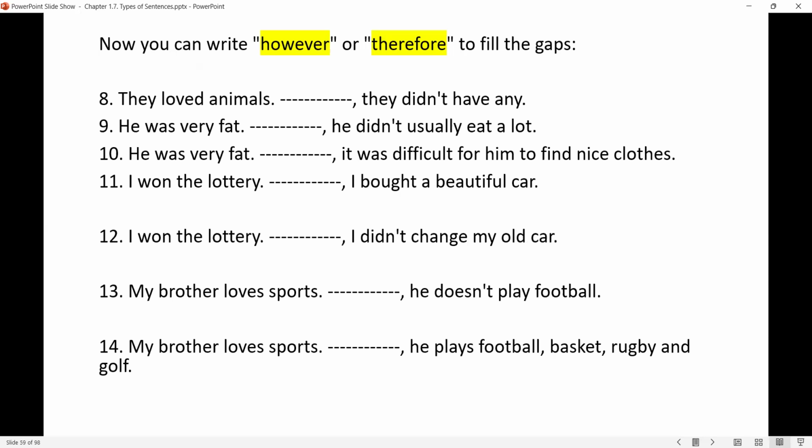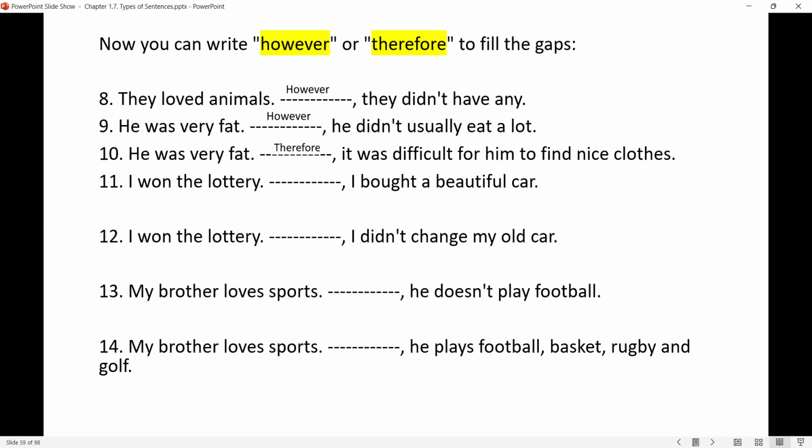Okay, let's continue. They loved animals. However, they didn't have any. He was very fat. However, he didn't usually eat a lot. He was very fat. Therefore, it was difficult for him to find nice clothes.